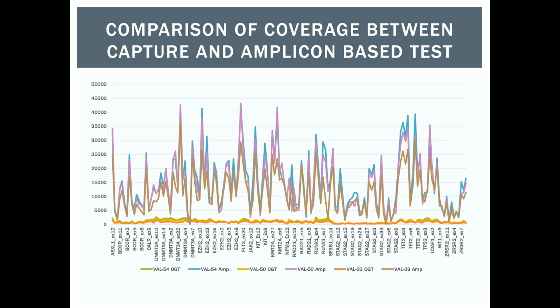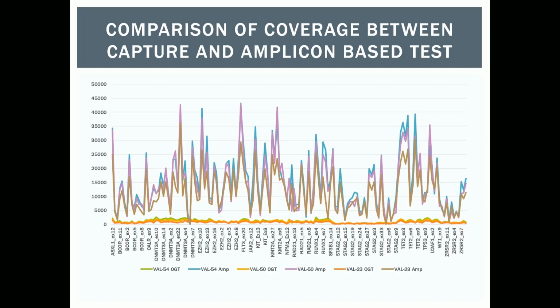As I've already indicated, one of our biggest concerns in comparing the two tests was coverage. How well does the test cover each of the loci that are targeted and at all the different nucleotides? In this graph, I've plotted average coverage at several loci in the 3 samples that were assessed using the existing amplicon-based test versus the OGT SureSeq capture hybridization.